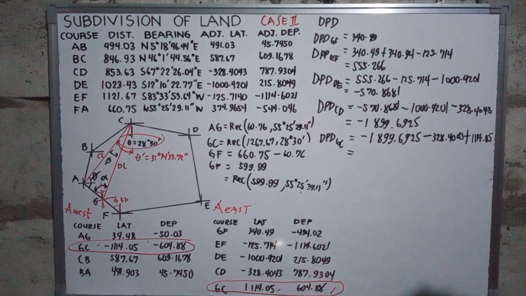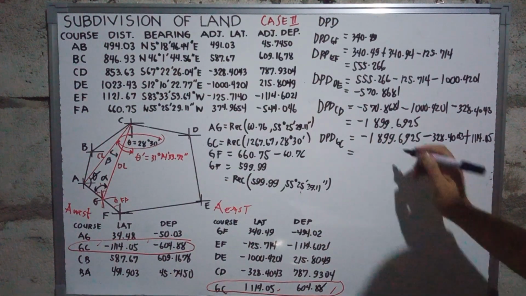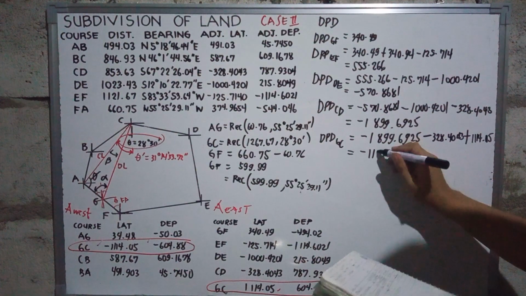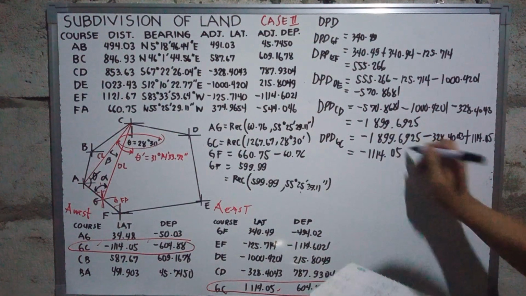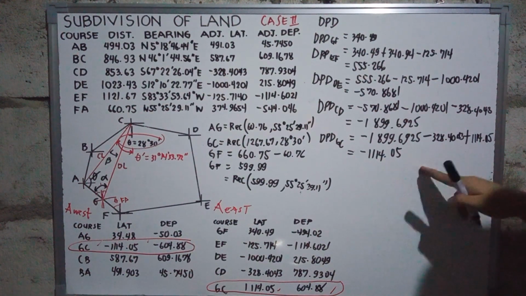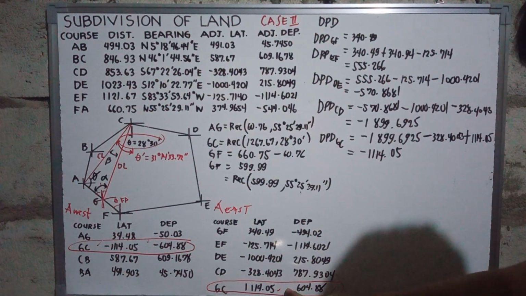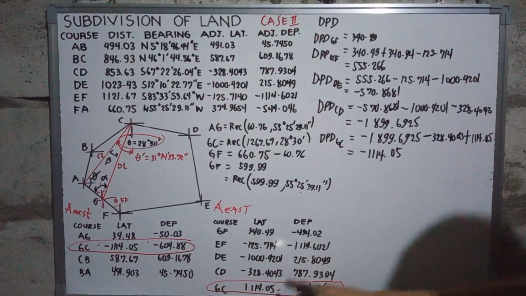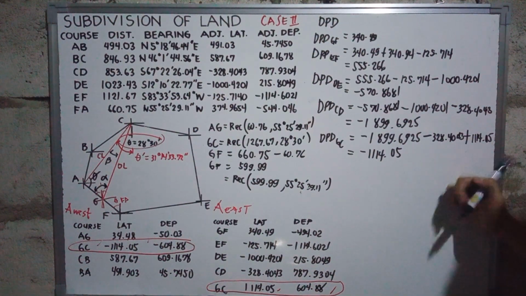So our DPD is now equal to negative 1114.05. Since our DPD is negative and the latitude of GC is positive, our DPD computation is correct.